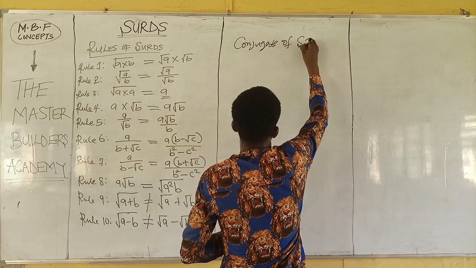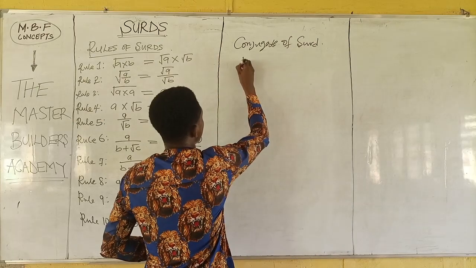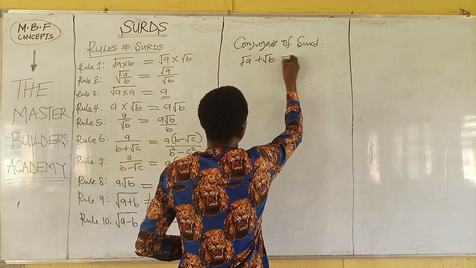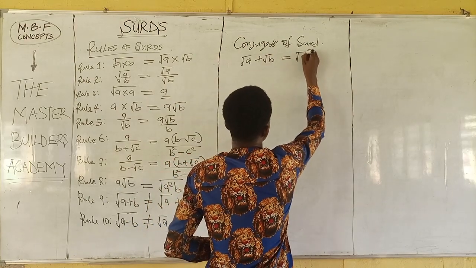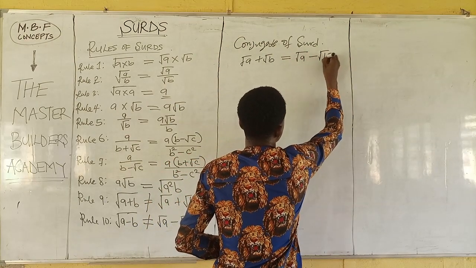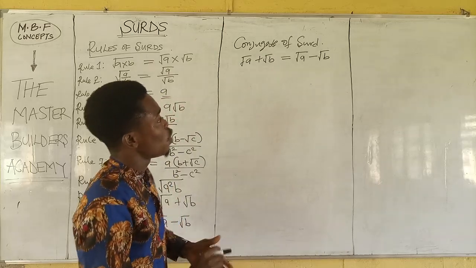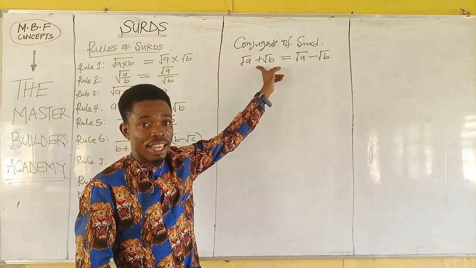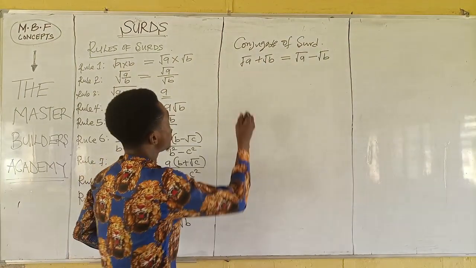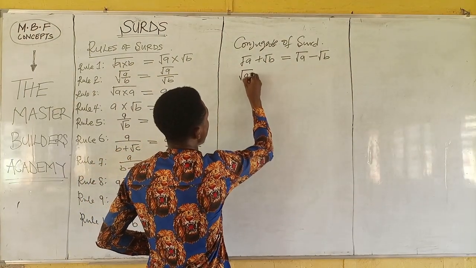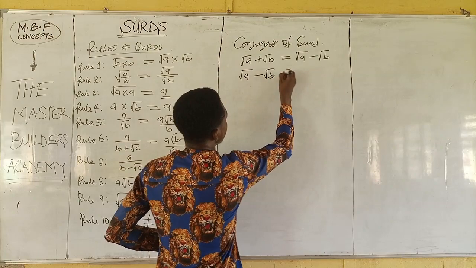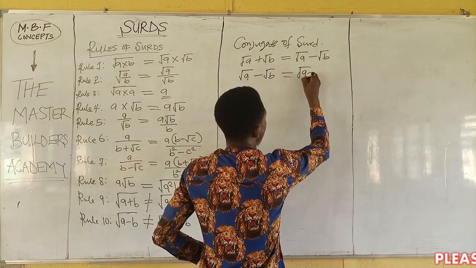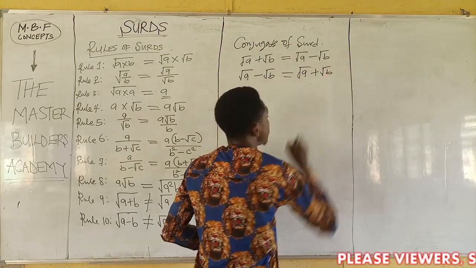So if I have root a plus root b, the conjugate of root a plus root b is root a minus root b. All I simply do is change the sign that connects the two surds. Then secondly, if I have root a minus root b, the conjugate of root a minus root b is root a plus root b.